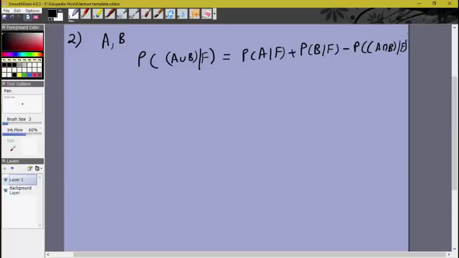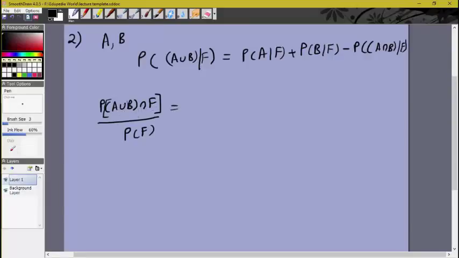So the structure is quite similar to an equation you already know of the union, so we can just write this in the proper form. We know that the LHS will be P of A union B intersection with F. Yeah, because P of A union B given F happens is we'll take the intersection divided by P of F. Right, now we can use the distributive law.